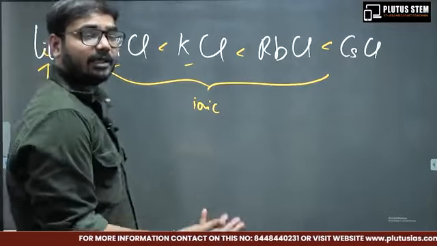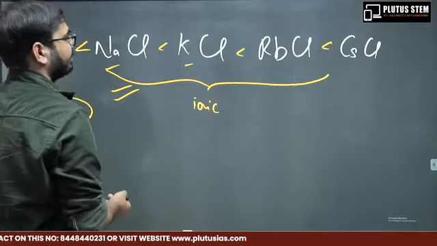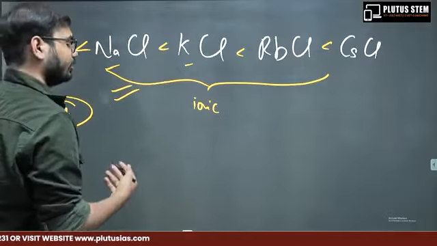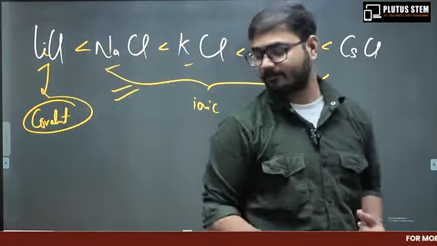If all were 100% ionic, they should have nearly similar solubilities, but the solubility increases down the group. So what is actually happening behind these atoms?